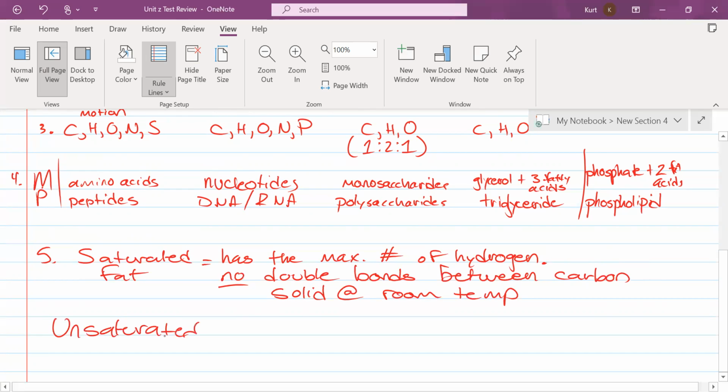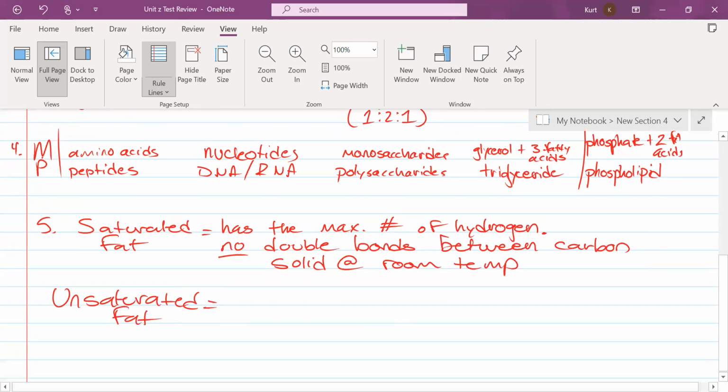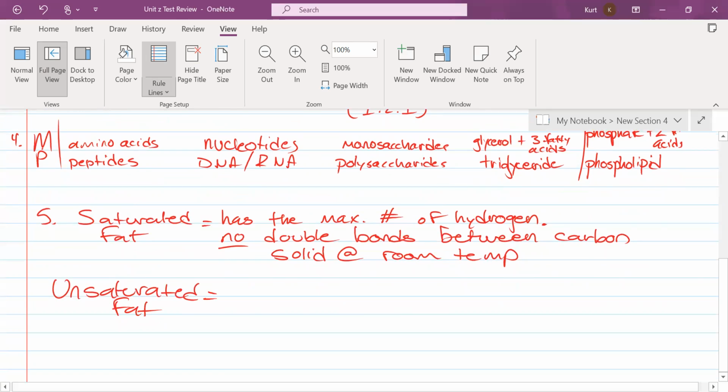Alyssa, tell me about an unsaturated fat, please. Does it have the maximum number of hydrogen or less than? Less than. What state of matter is it at room temp?